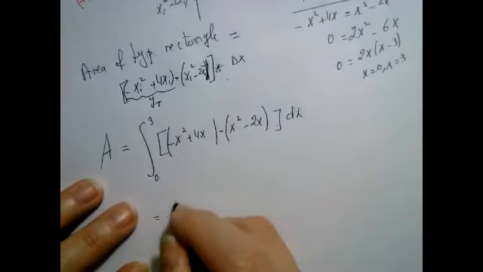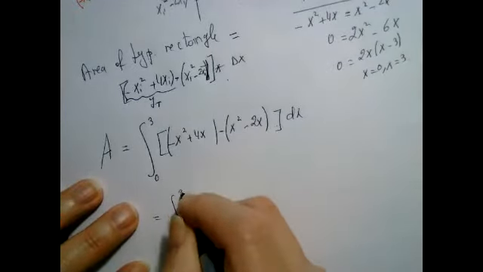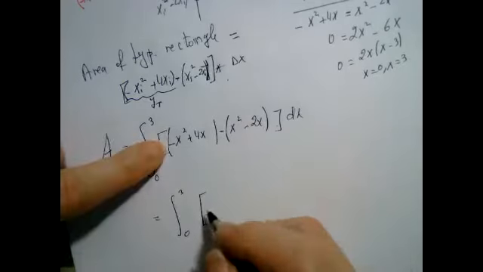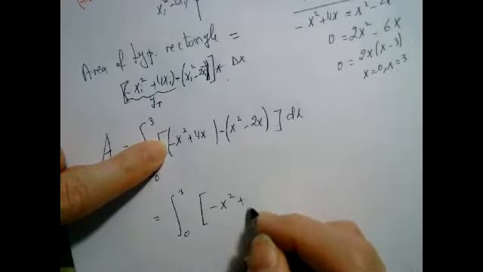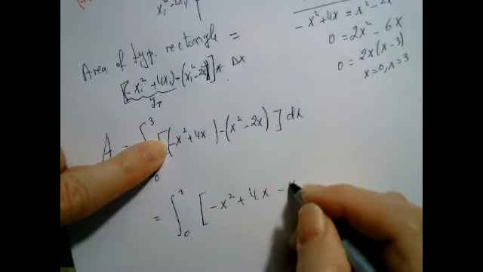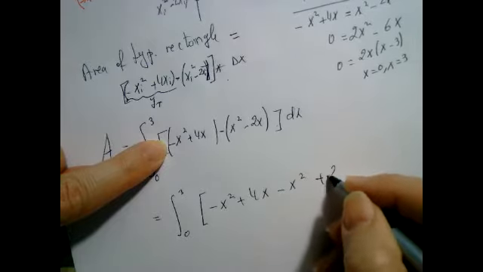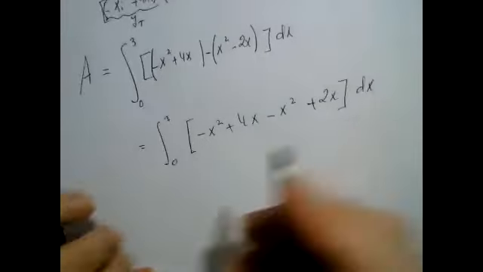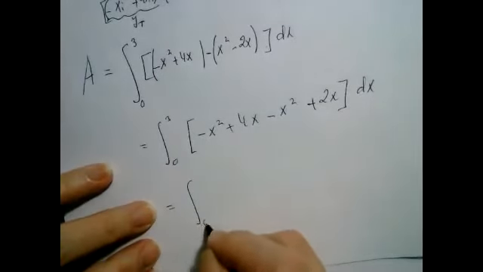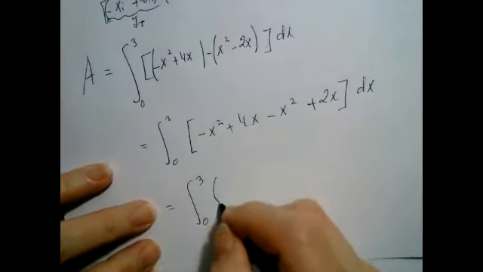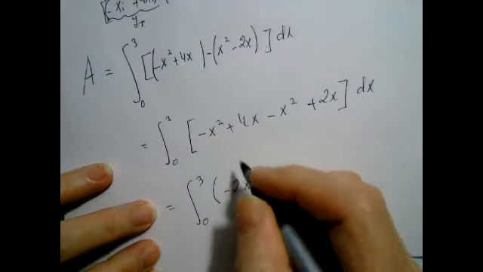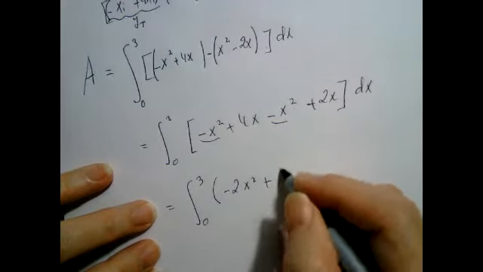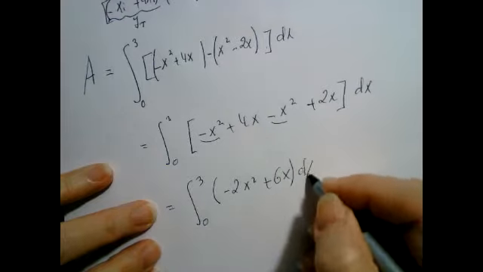Now I just simplify a little bit inside, and then I will not finish when the integral is very easy. So here I will have minus x squared plus 4x minus x squared plus 2x dx. And finally, this is equal to minus 2x squared plus 6x dx.